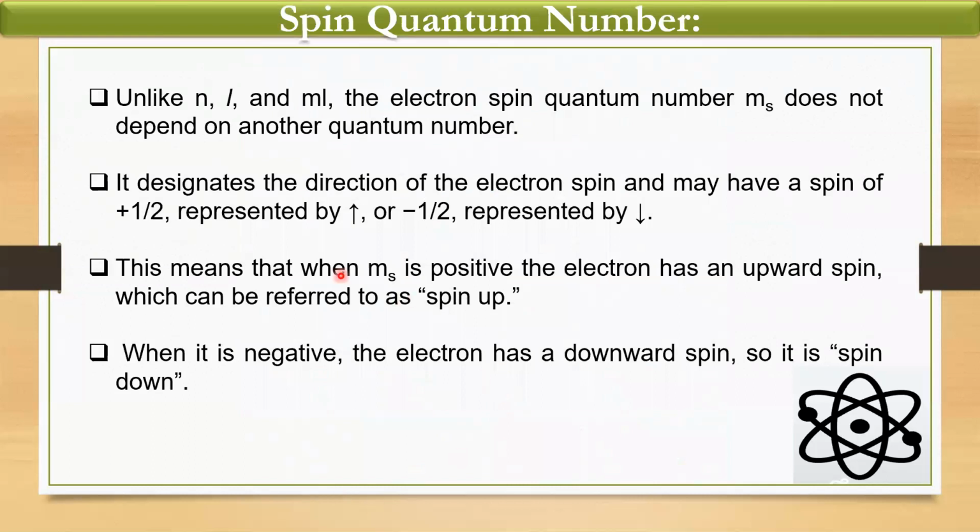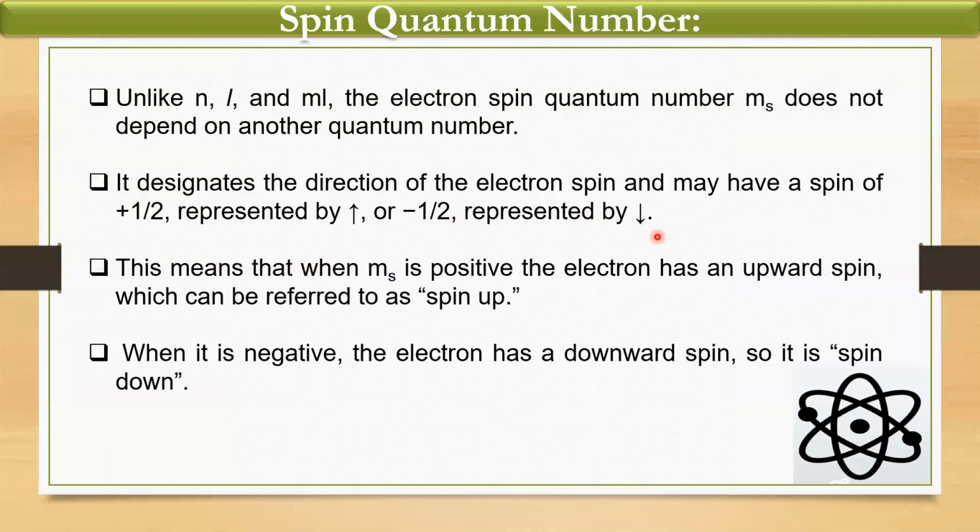Now, how does the spin quantum number help us? The spin quantum number designates the direction of the electron spin and may have a spin of plus 1/2, which is represented by an upward arrow, and minus 1/2, represented by a downward arrow.